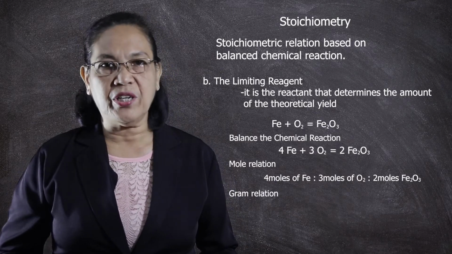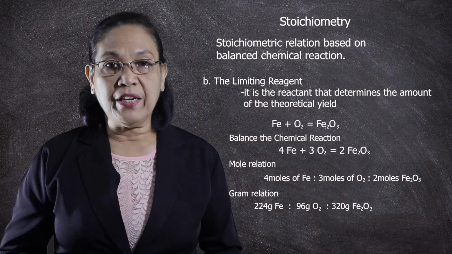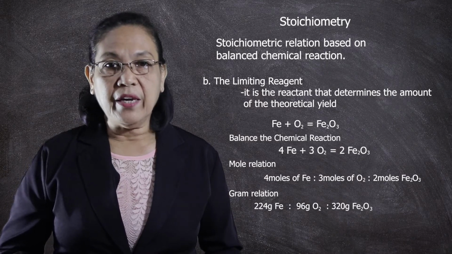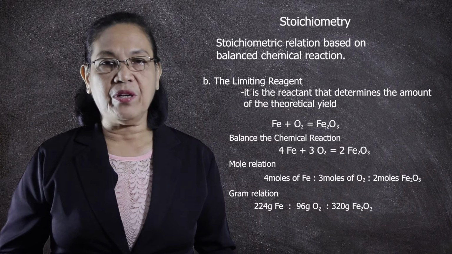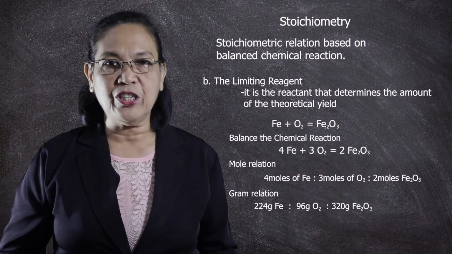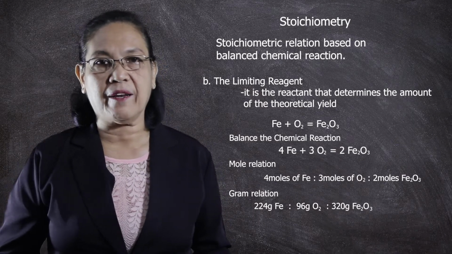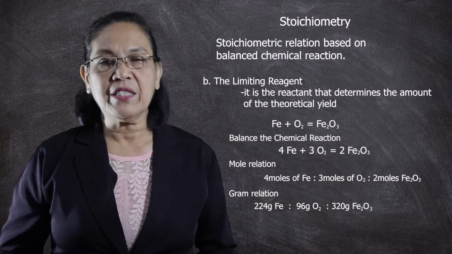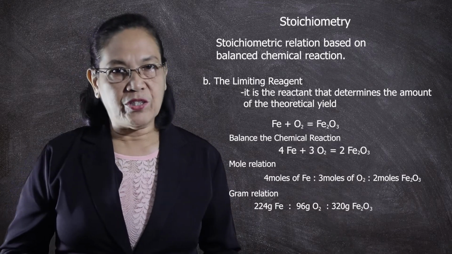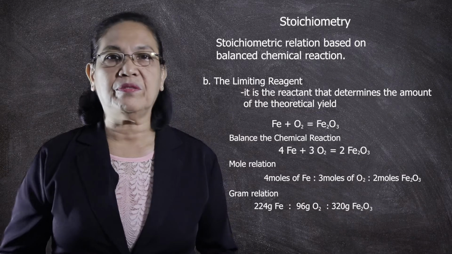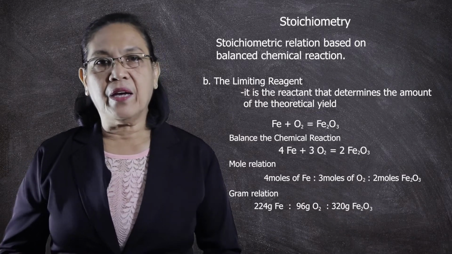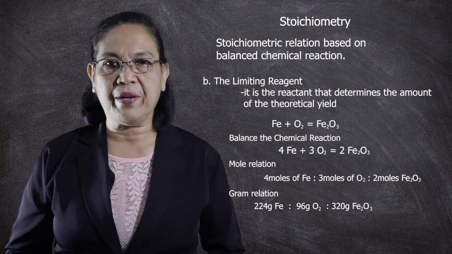The gram relations are 224 grams of iron is to 96 grams of oxygen is to 320 grams of ferric oxide. Now, from these gram relations, we can solve for the number of moles of the desired product. Our desired product here is the ferric oxide.